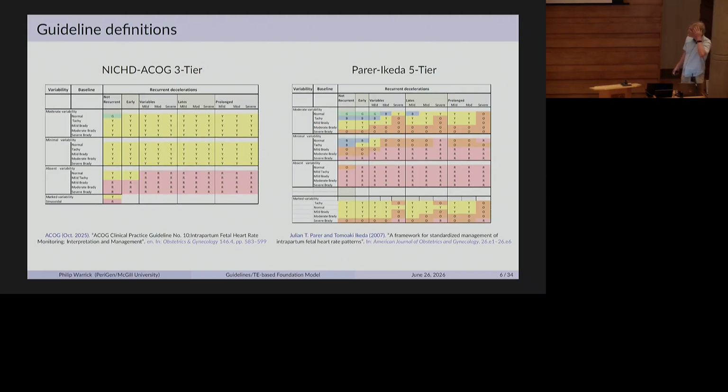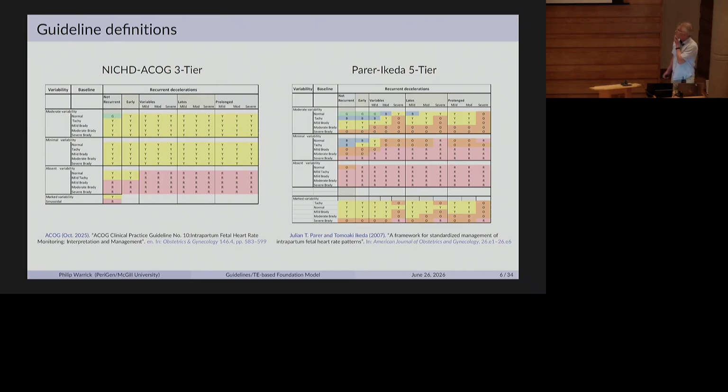So first I'm going to talk about the 3-tier and 5-tier classification, which many of you are aware of, and the FIGO classification is very similar in many respects.